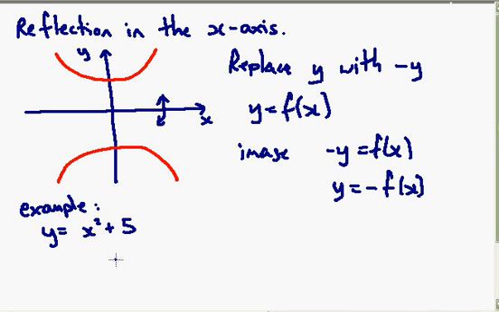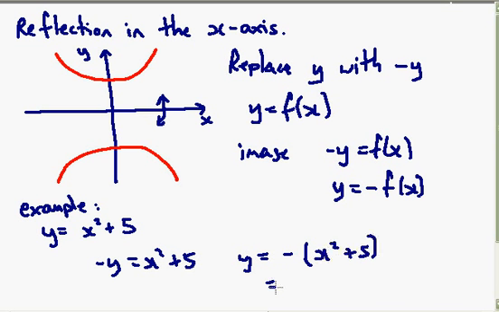So if I'm now looking at this example, the image is minus y is equal to x squared plus 5. Or in other words, y is equal to minus, x squared plus 5. So just multiplying out that bracket, you get minus x squared minus 5.